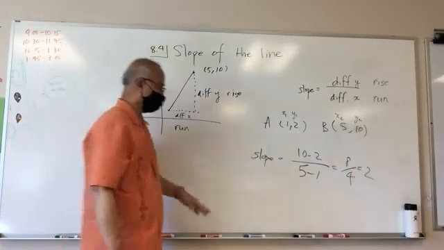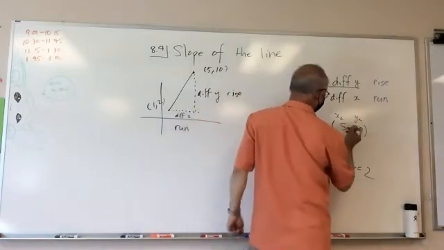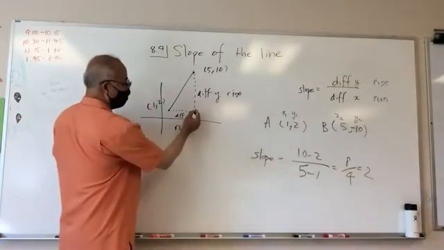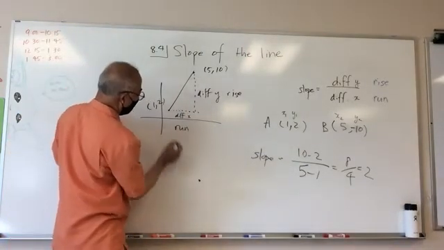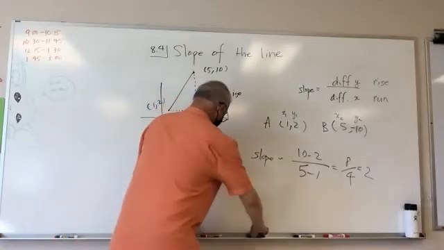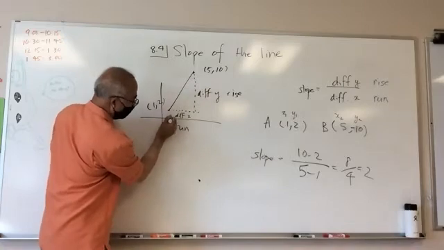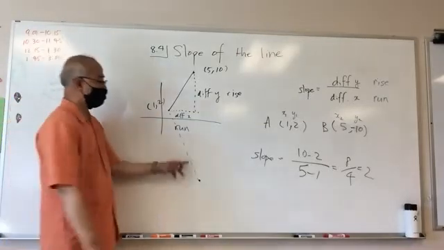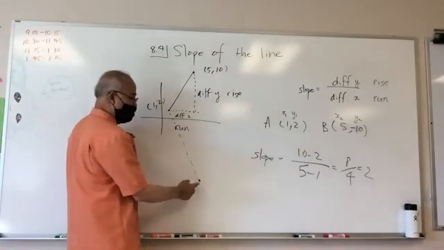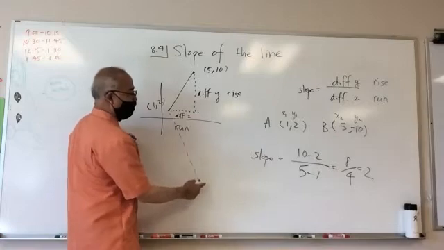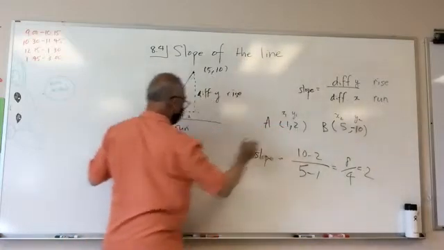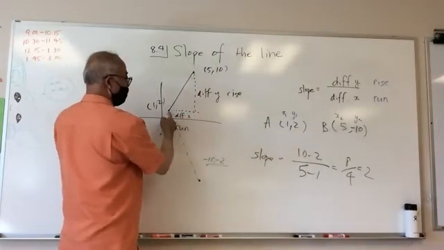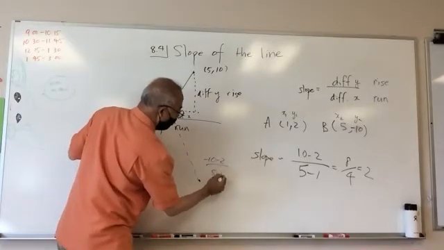Sometimes, if my second point was down here, I would have 5 and negative 10. So I'm going to have a slope that looks like this. My difference in the rise would be -10 minus 2, and I'd have the same run, 5 minus 1.